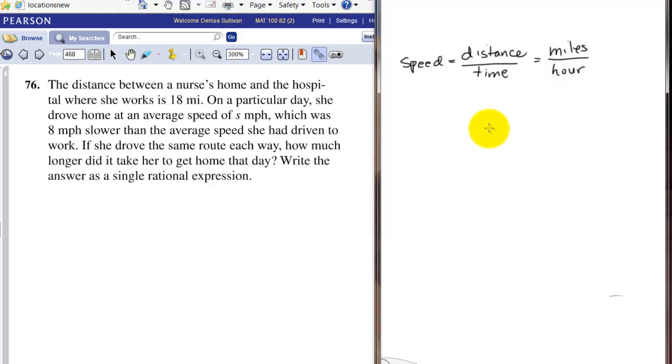Here's the ratio. But in this case, we're being asked how much longer did it take this nurse to get home. So that would imply we're looking for time, which is actually distance over speed.